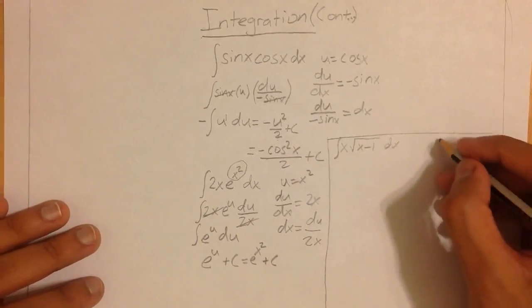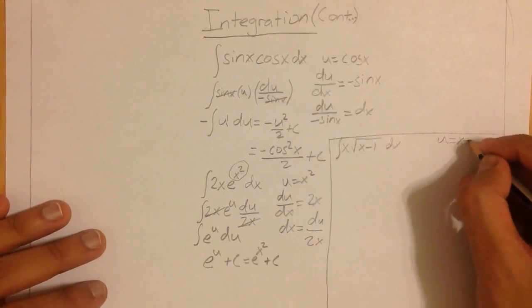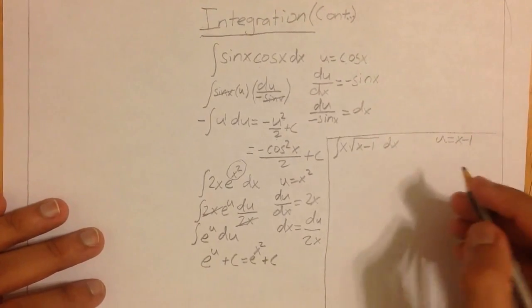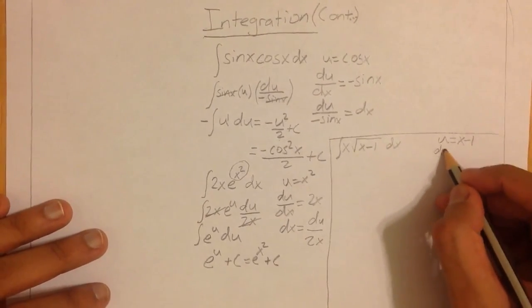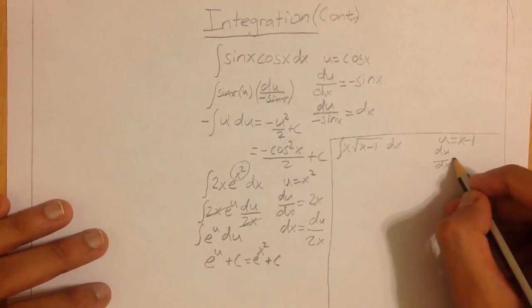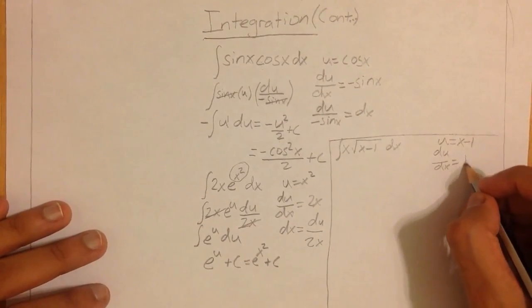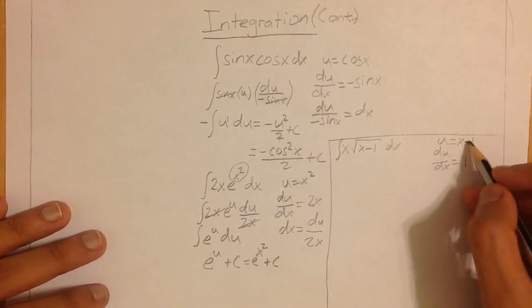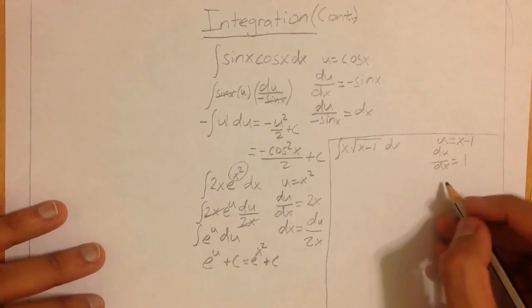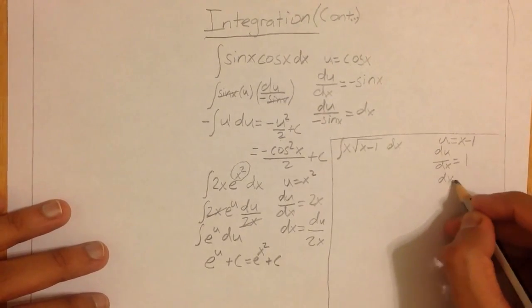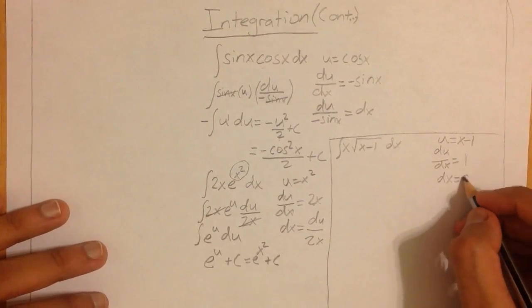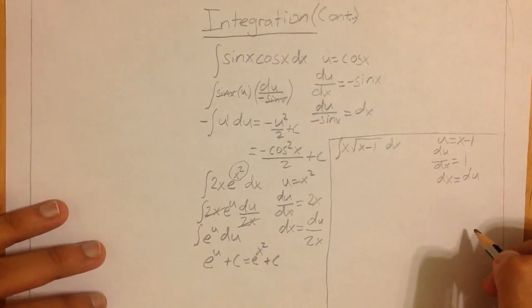Let's set u equal to x minus 1. Then du over dx will equal 1, because the derivative of x minus 1 is 1. Then if we solve for dx, we get that dx is equal to du.